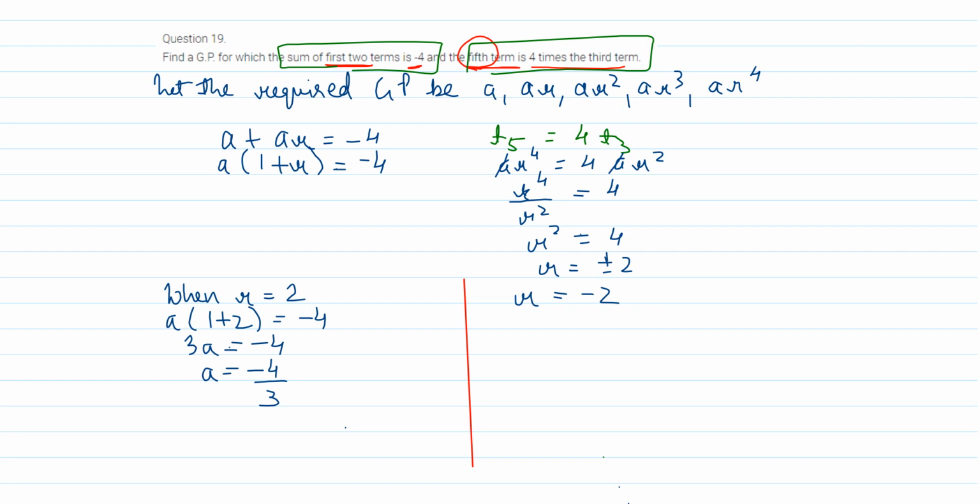And when r is equal to minus 2, a into 1 plus minus 2 is equal to minus 4, so minus 1a will be equal to minus 4, the minuses get reduced, and a is equal to 4.